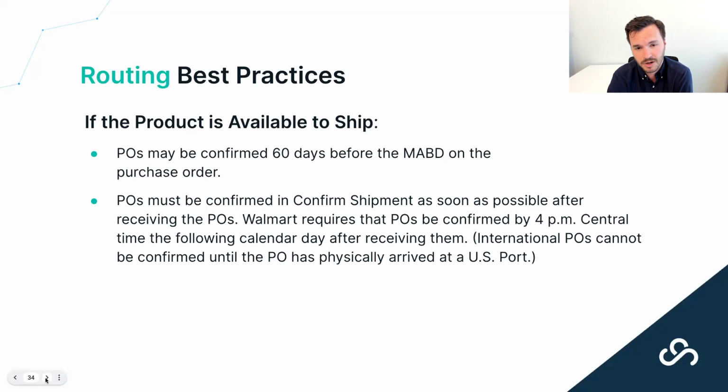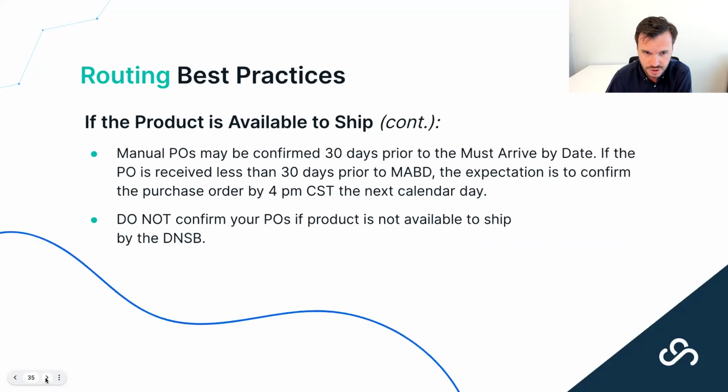So take all that with a grain of salt. Walmart requires that they're confirmed by 4 p.m. Central Time the following calendar day after receiving them, or as Judy has just mentioned, within 24 hours, whichever comes first. We're gonna update that here in a little bit too before we send this out. So thanks for that. Super helpful information.